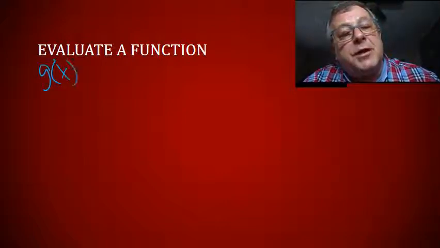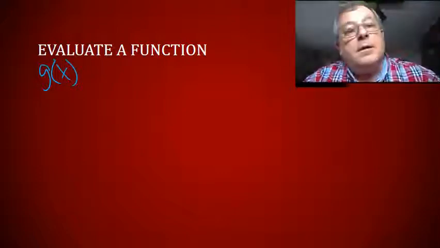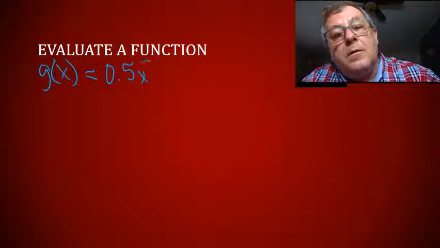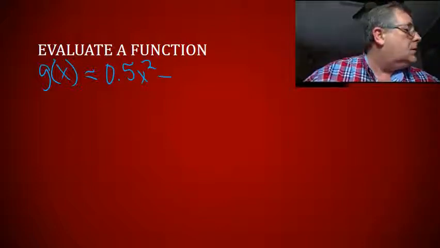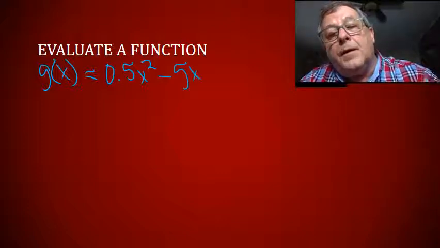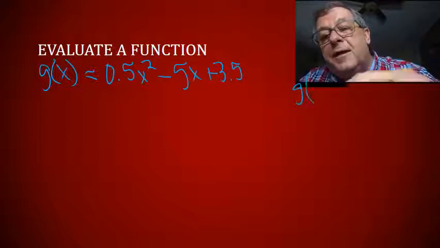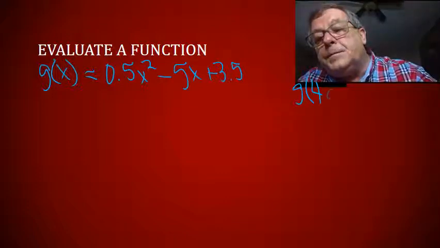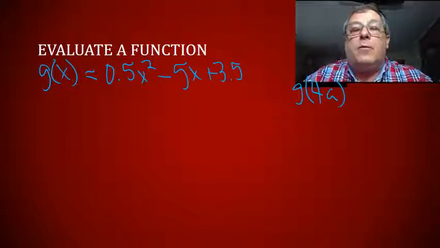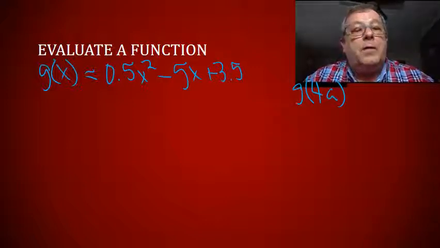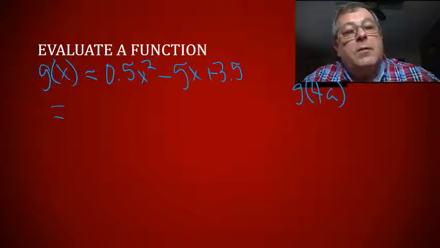This is our function notation. g of x equals 0.5x squared minus 5x plus 3.5. And this time we're asked to find g when x is 4a. So again, we're going to substitute 4a everywhere we see an x, and then we're going to plug and chug it. So here we go.